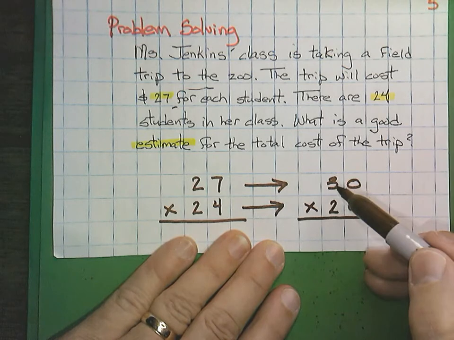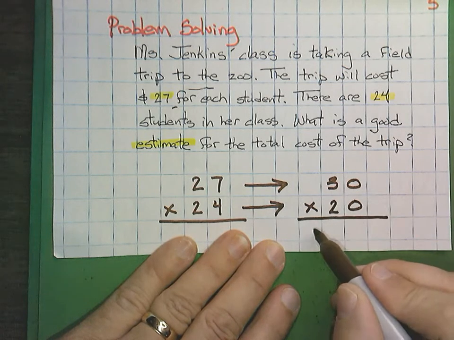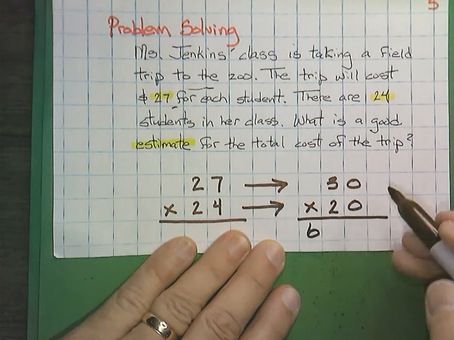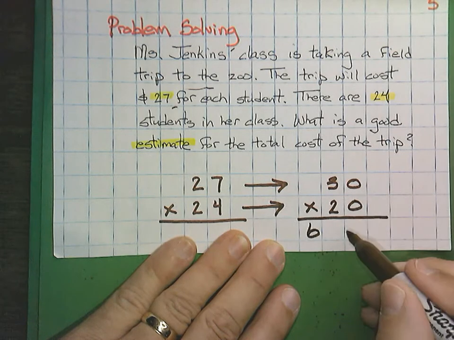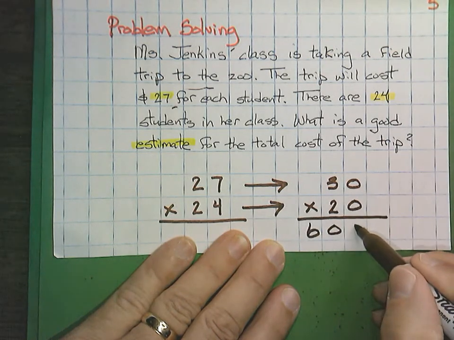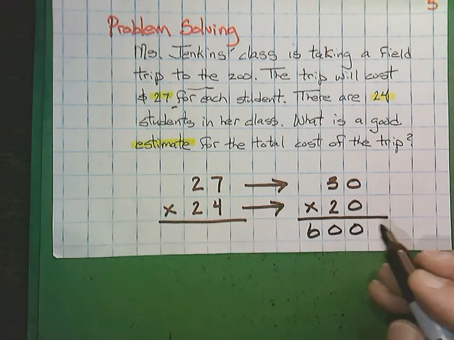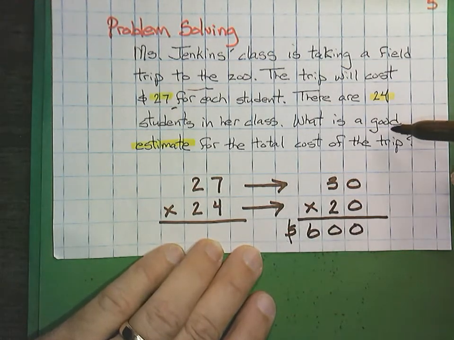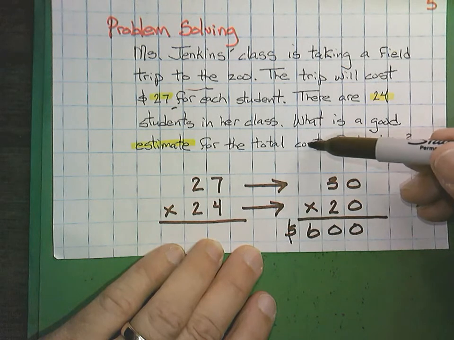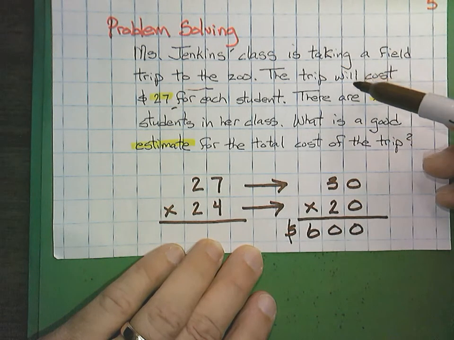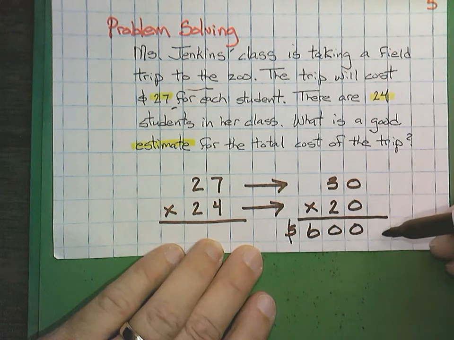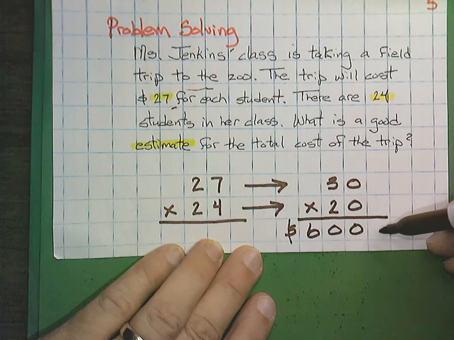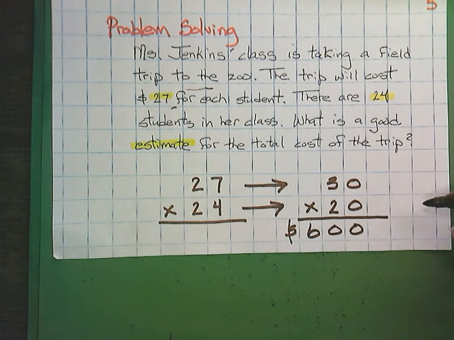Now we can multiply. 3 times 2 is 6. Count our zeros, 1, 2, and write your zeros. So a good estimate for the total cost of Miss Jenkins' trip to the zoo would be about $600 is what the class would have to come up with.